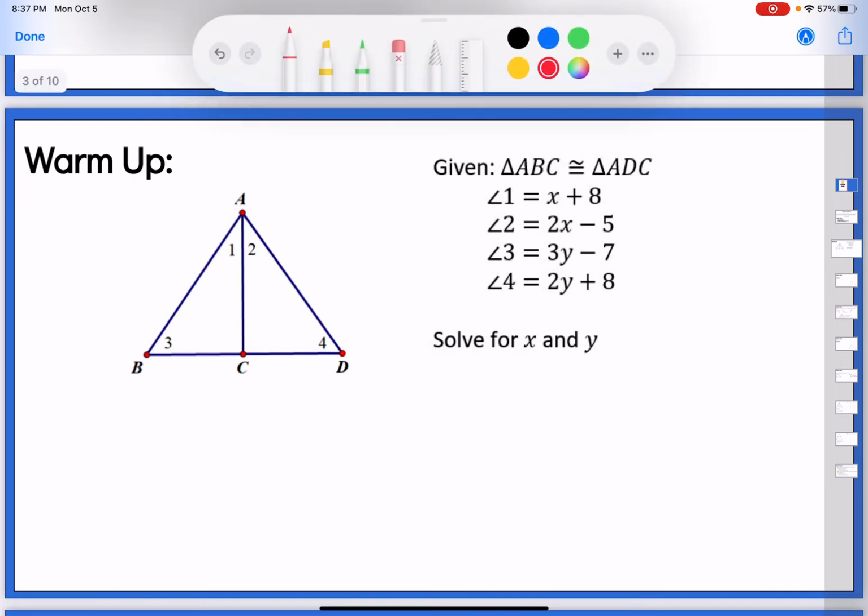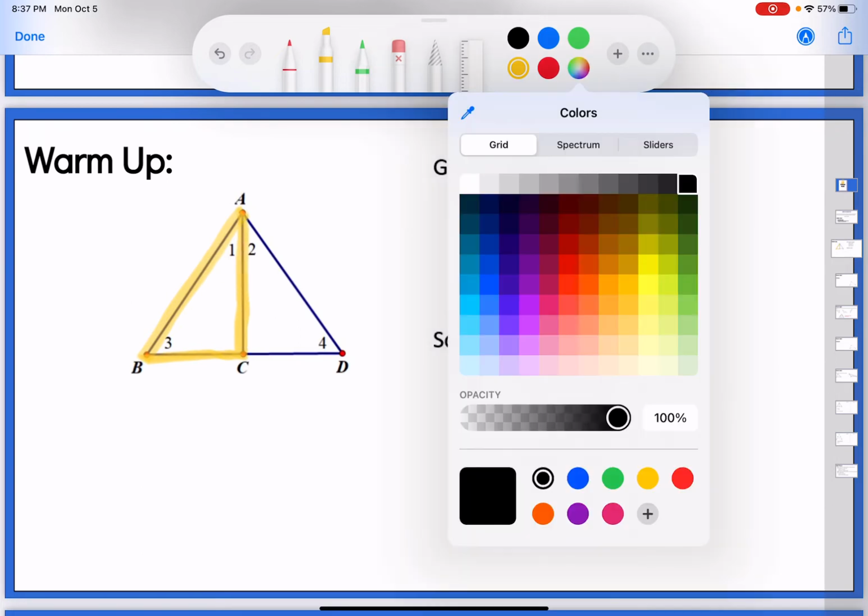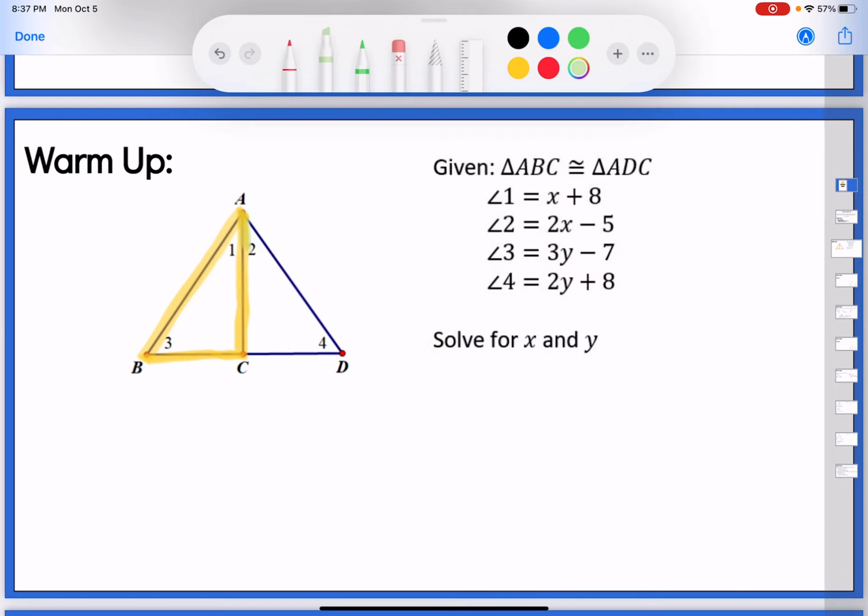Okay, so the first thing that I would do is I would say, okay, triangle ABC congruent to triangle ADC. And whenever I see triangles congruent or when I prove triangles congruent, I like to highlight them in different colors. Just so I know, like, hey, I've already proven these guys congruent. It's kind of my indicator.